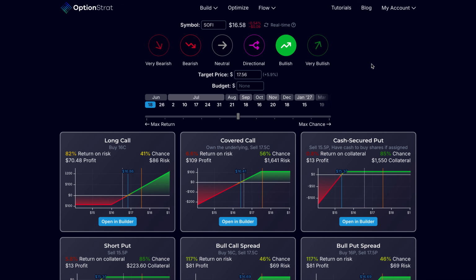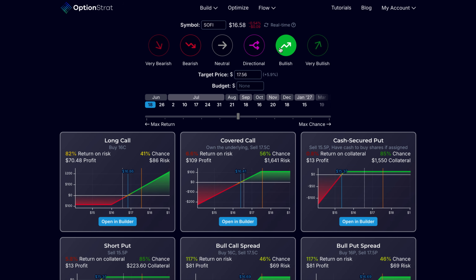So let's say I have a specific view on SoFi, and I'm looking for a potential trade based on that view, but I don't remember all these different option strategies that I've learned. So this tool could potentially help me out. Let me show you how. So we enter the symbol of the security that we're looking to trade. And then take a look here.